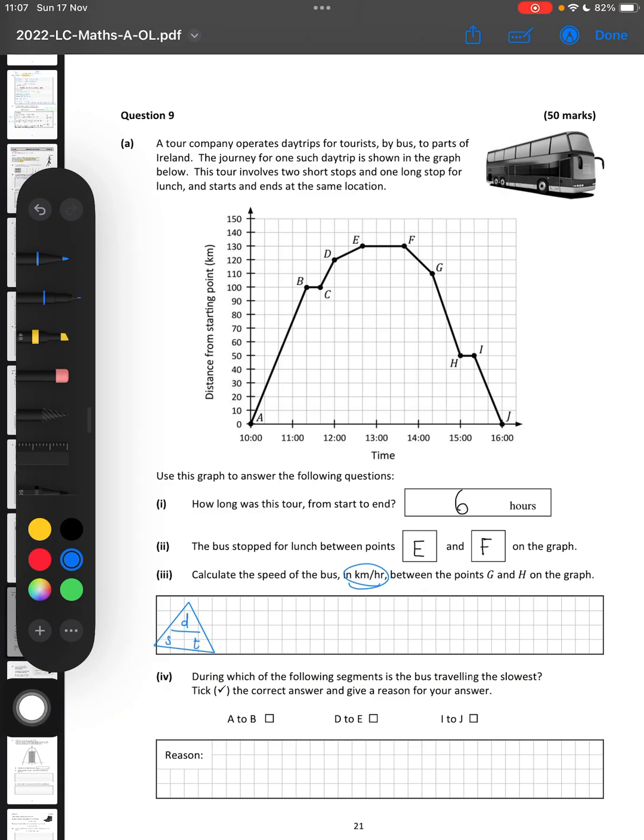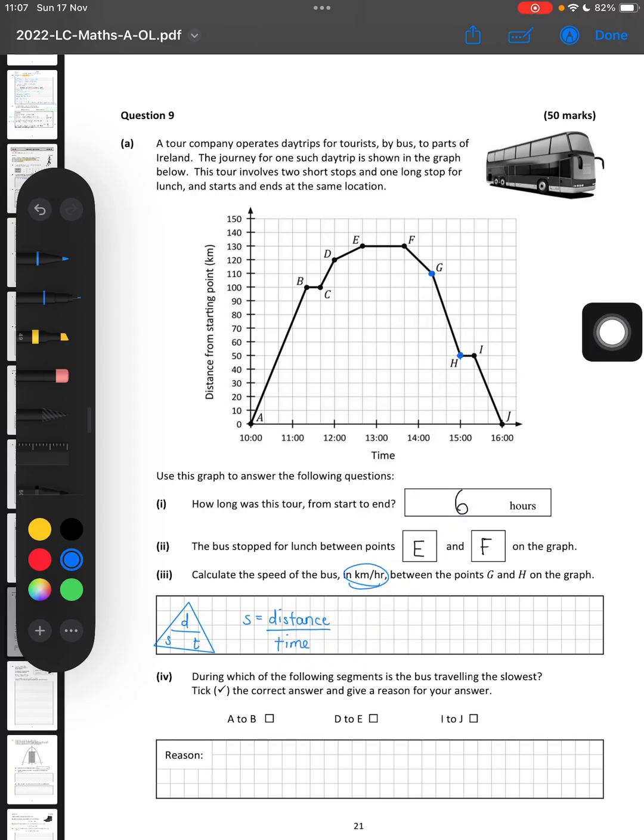Okay, so I'm going to be filling in the formula that speed is distance over time, but getting my distance in kilometres and my time in hours. Okay, so between G and H, so between here and here, what is the distance?